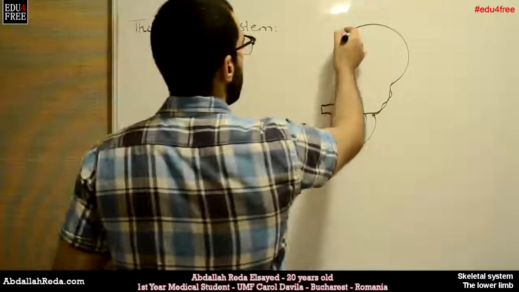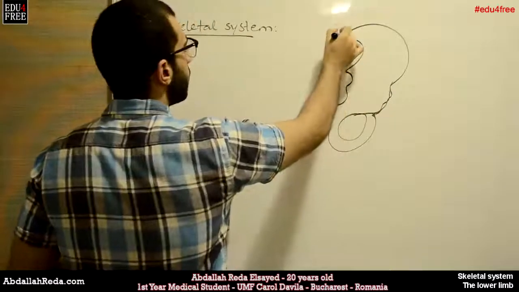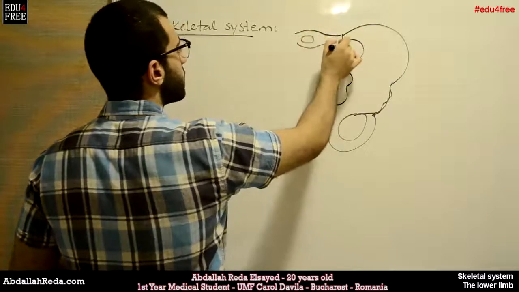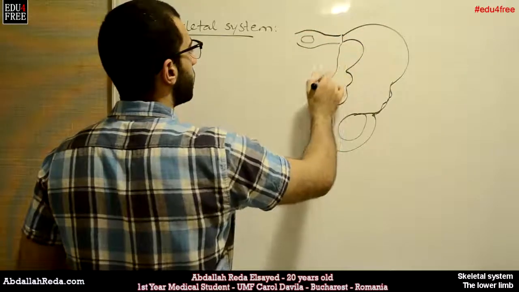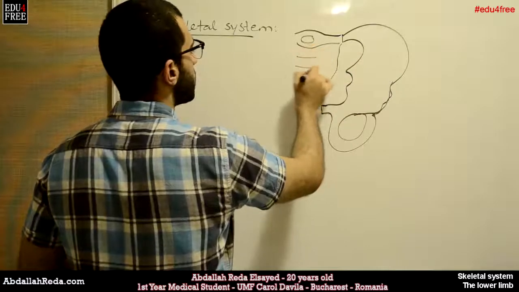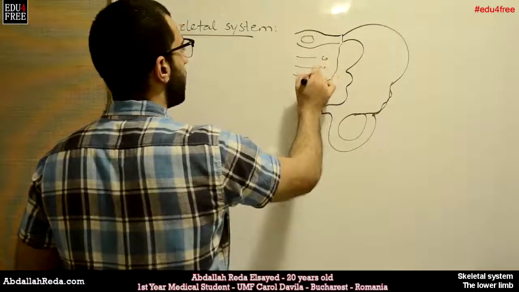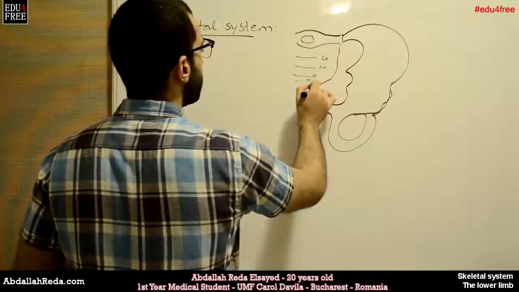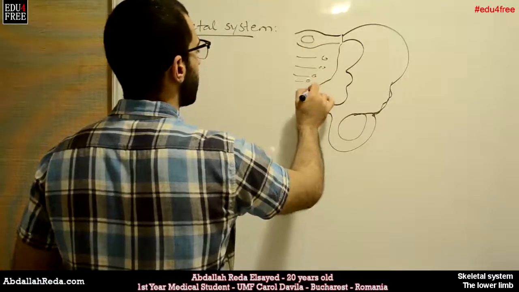pelvis. Here, posteriorly, we can see the sacral vertebrae. As we mentioned, they are wide and large, and they are fused together like this. And then we will see the coccyx.